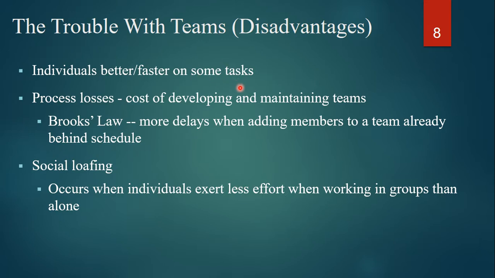Some tasks would be better worked on an individual basis. Another disadvantage or risk associated with teams is the cost of developing and maintaining the team. It costs time, and it costs money for a team to be functional.